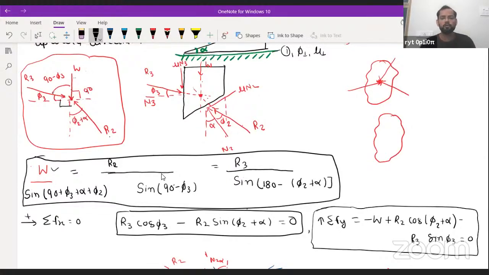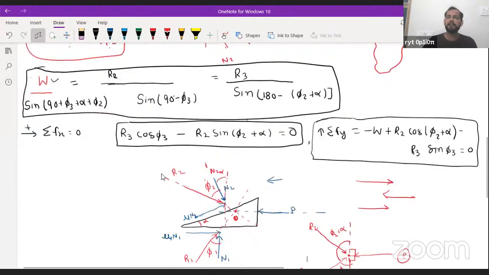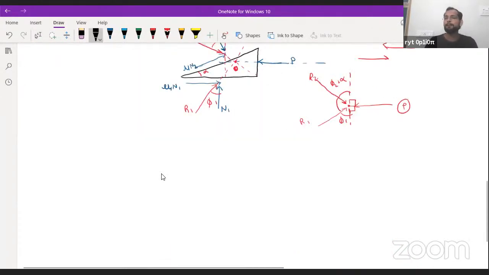Once you have the value of R2, how can you proceed? Now come to this part. You can easily apply Lami's theorem here, and you can calculate the value of P. I am writing the expression between P and R2 because you have the value of R2. The angle between the other two forces is sine 90 plus phi 1.